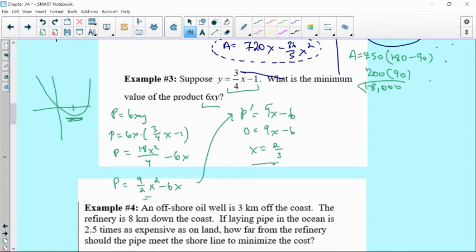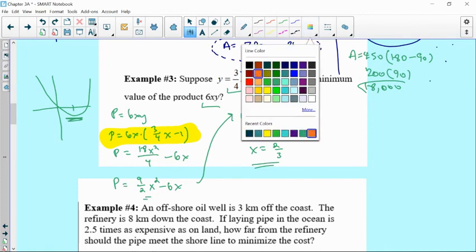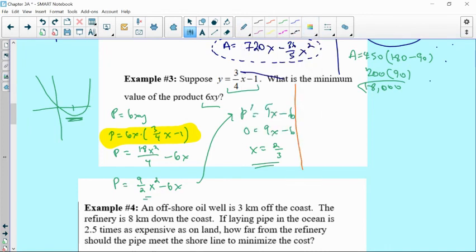So we do need to substitute the 2/3 back in, and you could put it in any variation of the equation. I like it in this form because it's factored. It just, to me, makes it easier. So then I'll go ahead and substitute 2/3 in. So product is equal to 6 times 2/3, and then parentheses 3/4 times 2/3 minus 1.